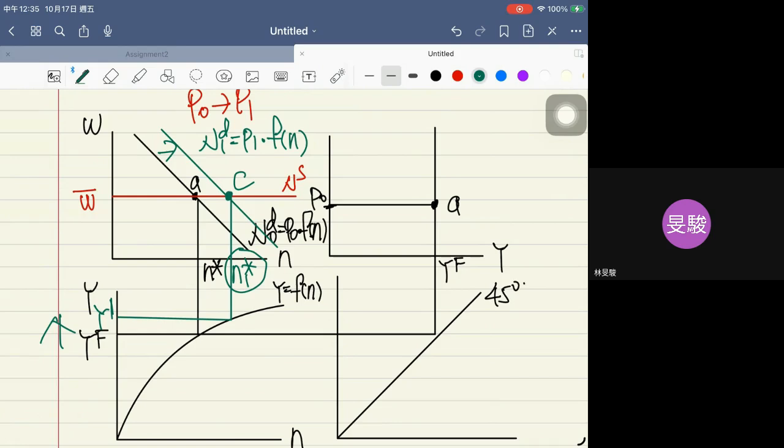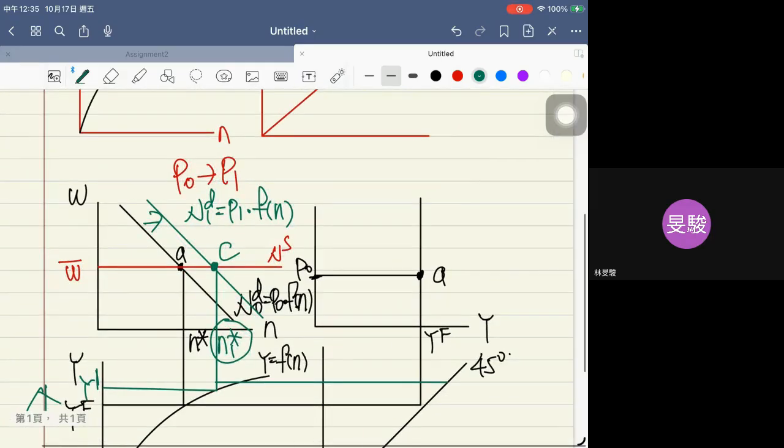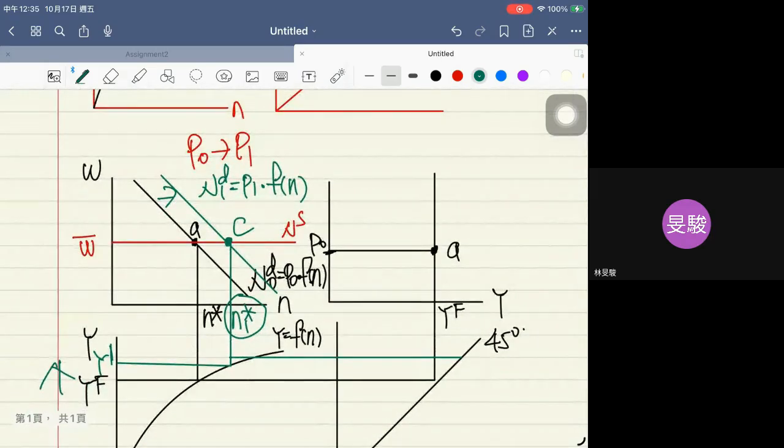And project to the transformation function, the Y1 from the Y-axis to the X-axis. This is the Y1.